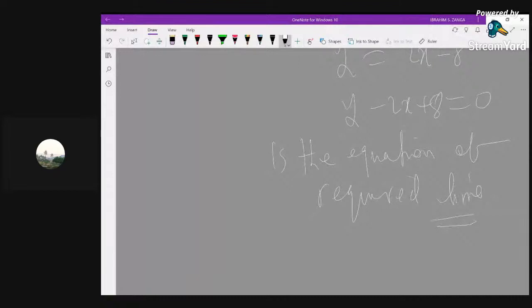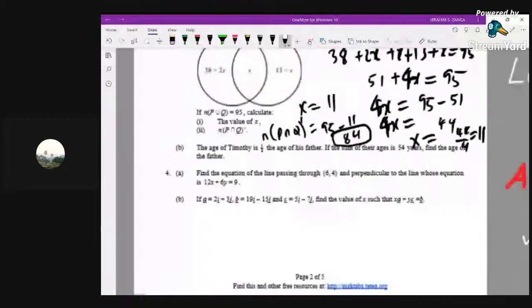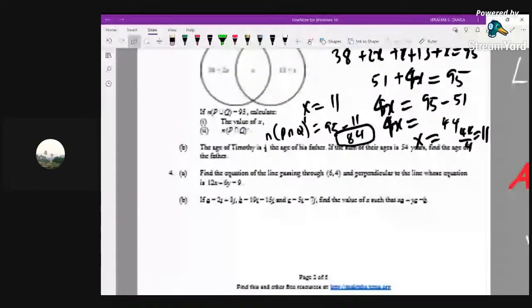So that is the solution for this. If A equals 2i plus 3j, B equals 19i minus 15j, and we are given C equals 5i minus 7j, the value of x is such that, so we are supposed to find the value of x and y. Okay, let me extract the question.